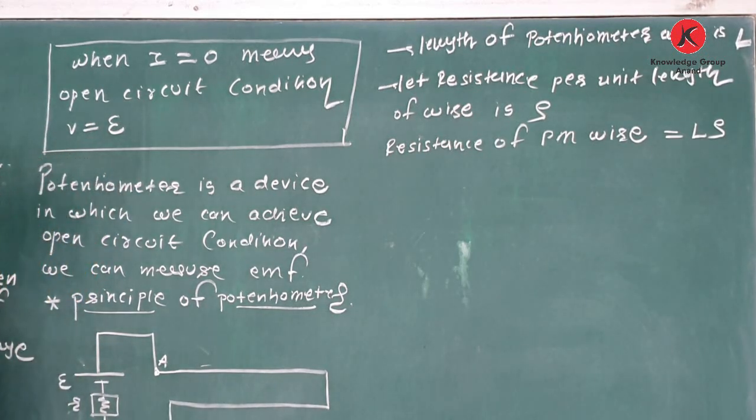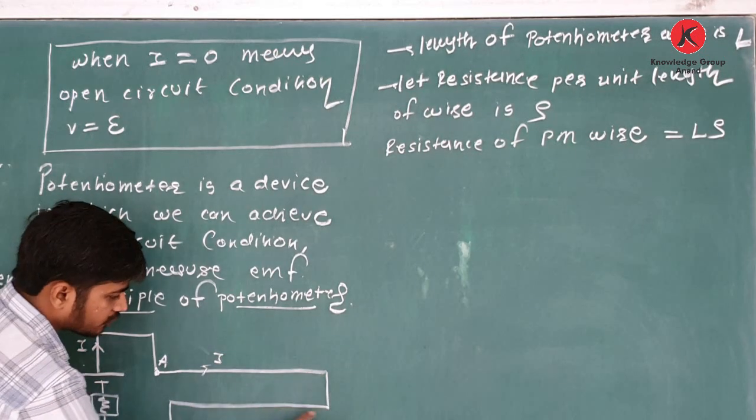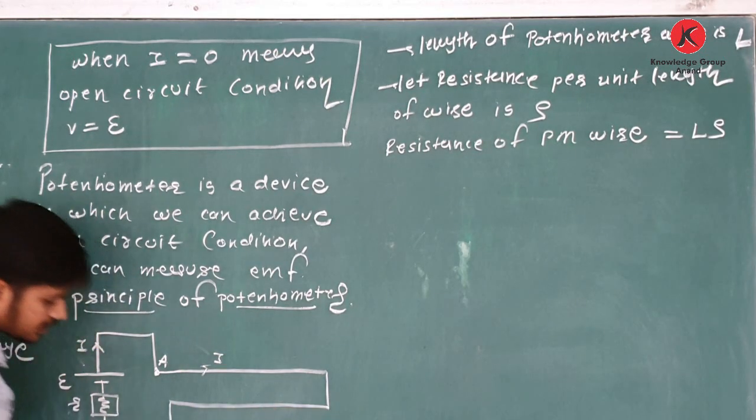Okay. Now, see. Let the current flowing from the positive terminal of the cell be I. Yes, it is a series connection, so current flowing is I. Clear about this?